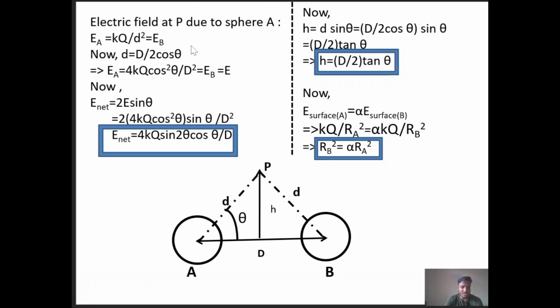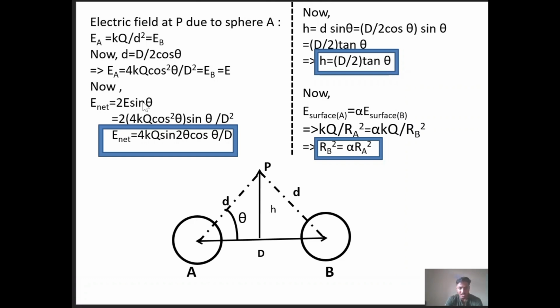Now substituting this value in the above equation, we can write EA equal to 4kq cos square theta divided by D square, which will also be equal to EB and which will also be equal to E. Now if we consider the net electric field at point P due to both the spheres, it will be equal to 2 E sin theta.